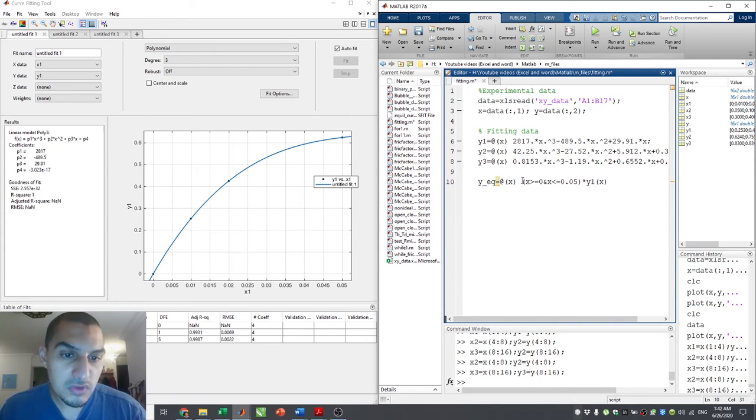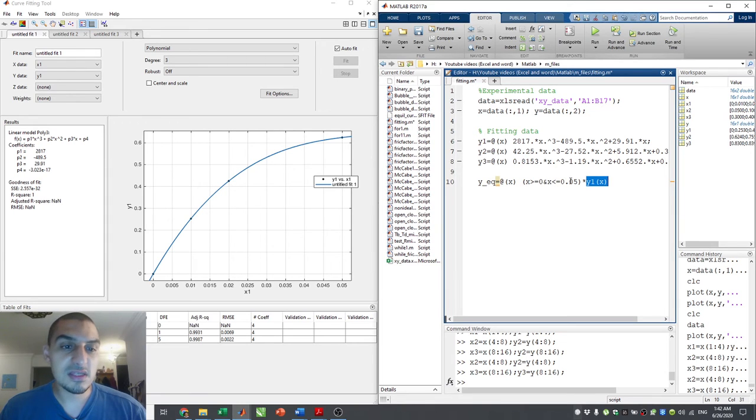So what you would see here is that if x is greater than or equal to 0 and smaller than or equal to 0.05, this bracket would be equal to 1, which means that y1 would be calculated because it's multiplied by 1.